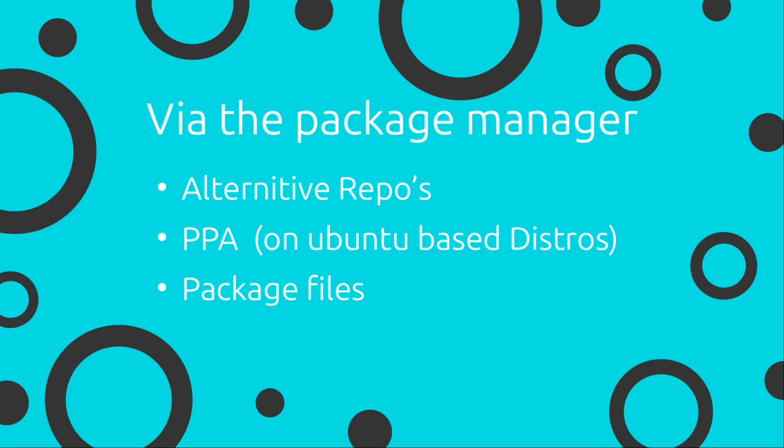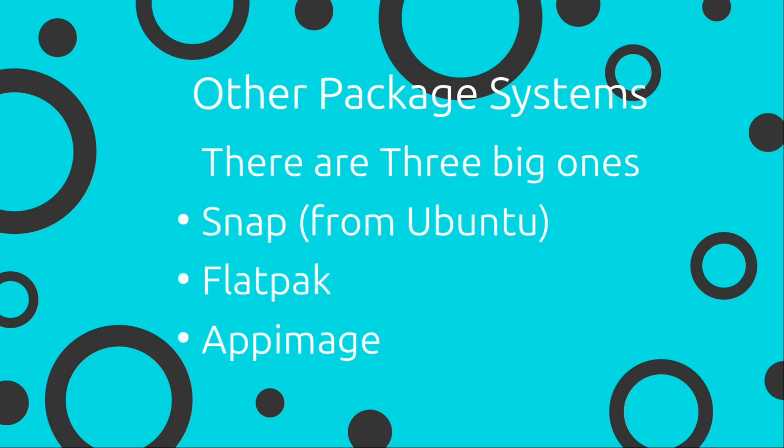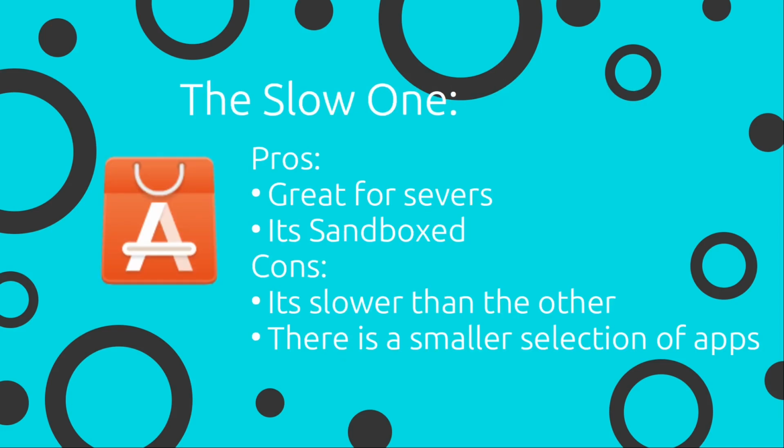Package files allow you to install directly, but depending on how things go, you might prefer that, especially with updates. We have other package systems. There are three big ones: Snap from Ubuntu, Flatpak, and AppImages. The slow one is Snap, which is great for servers. It's sandboxed, it's slower than the others, and there is a smaller selection of applications.